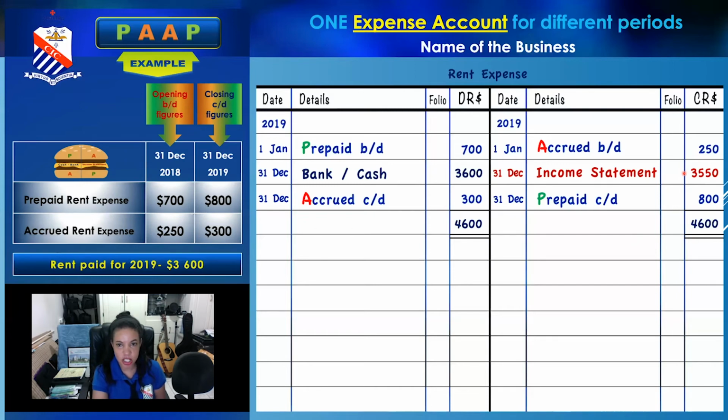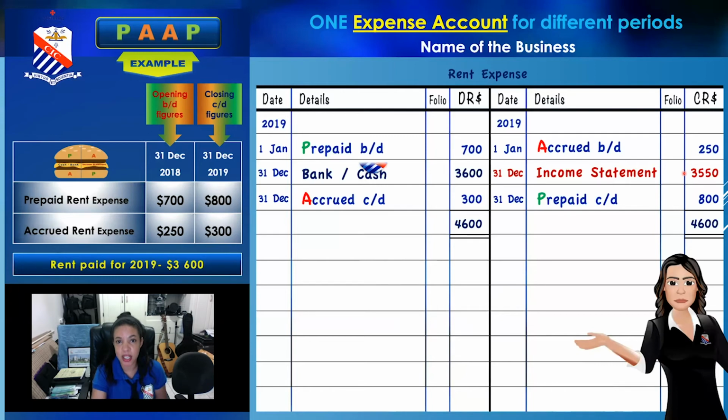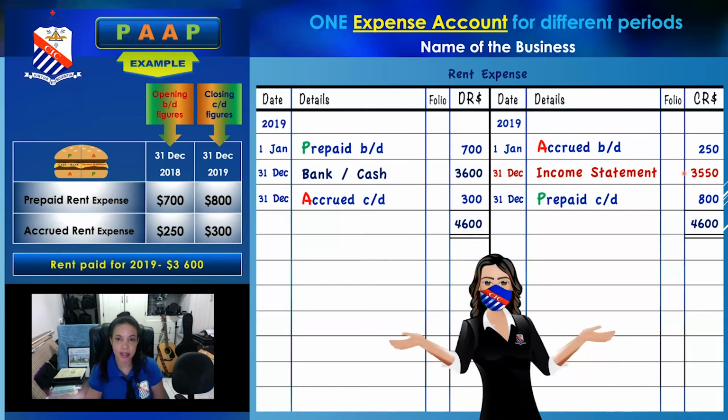Are we finished? Well, we finished the first part, the PAAP part of it, but we know that we like to still bring down our balances for the next period. Now, we are dealing with a year, not a month. What is the day that comes after the 31st of December 2019?